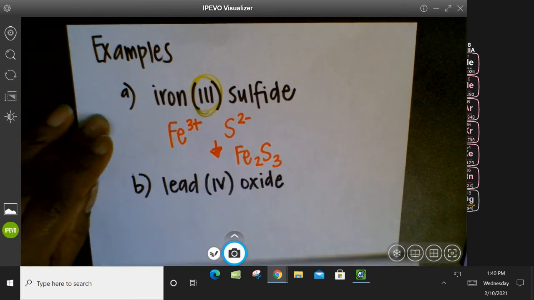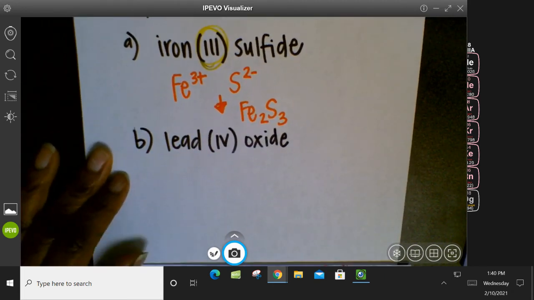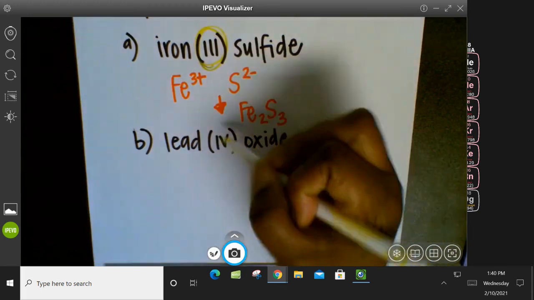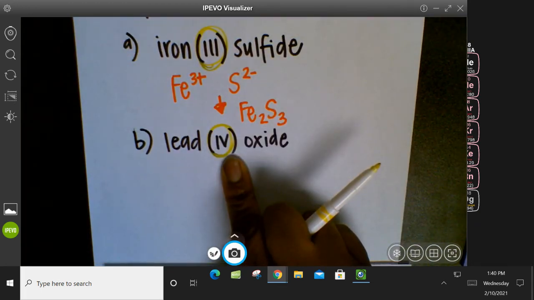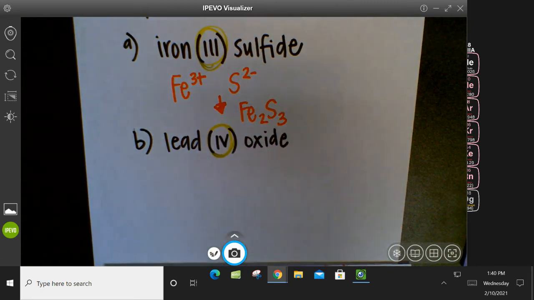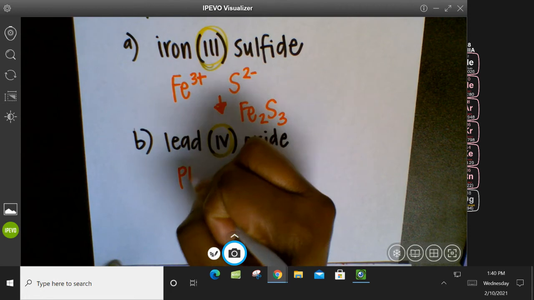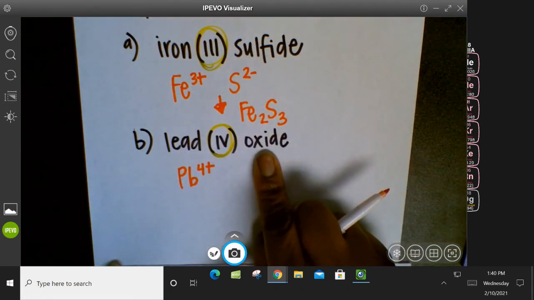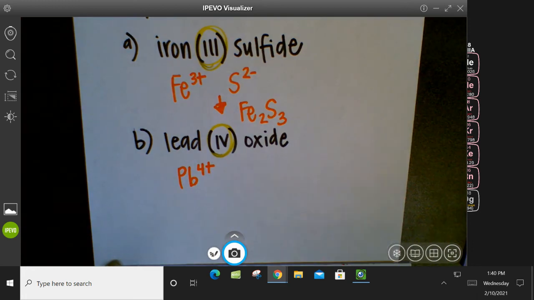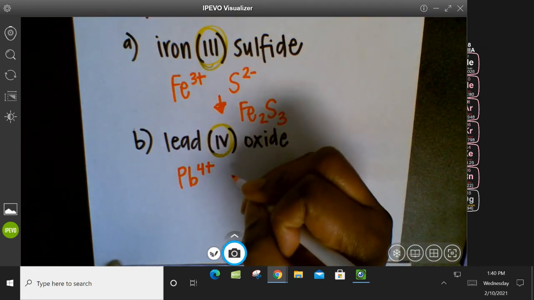Let's look at our next example. We have lead 4 oxide. Okay, so what is the purpose of the Roman numeral here? Yeah, it's going to tell you the charge on the lead. So it's going to be Pb 4 plus, and then oxide. So you go to the chart and you find oxide to be what?